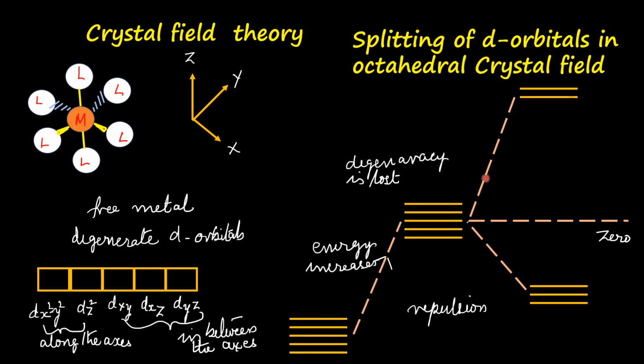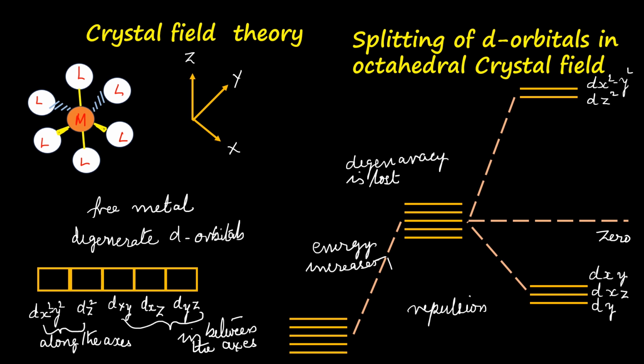One of the sets consists of the two orbitals dx square minus y square and dz square, which are along the axis. They possess higher energy. The second set consists of the remaining three, dxy, dxz and dyz orbitals, which are in between the axes.